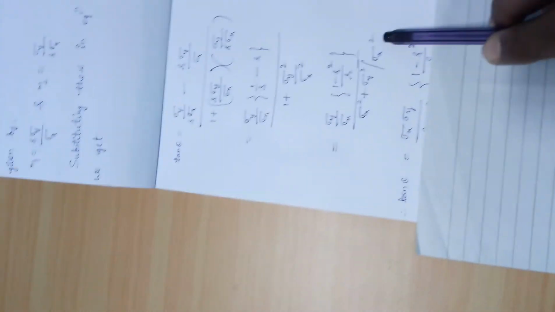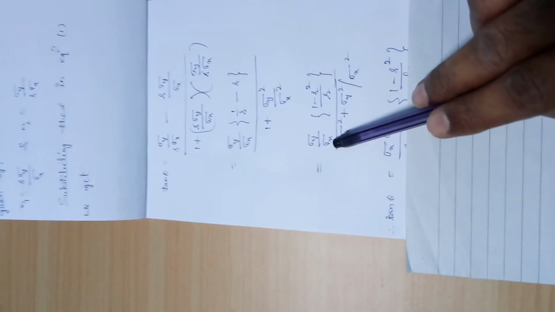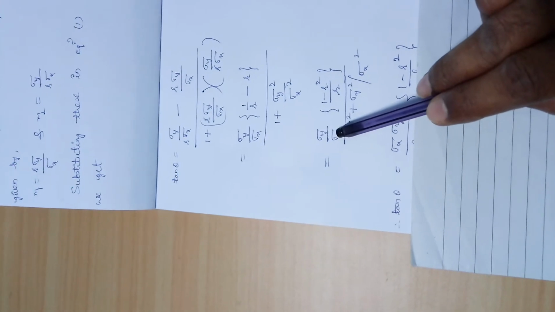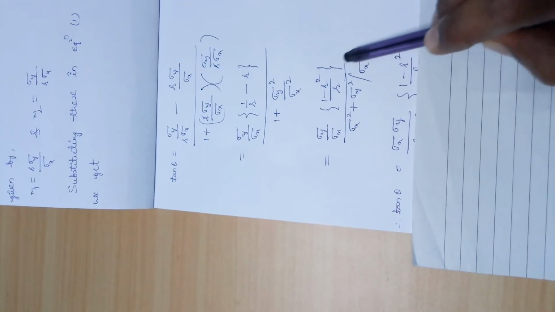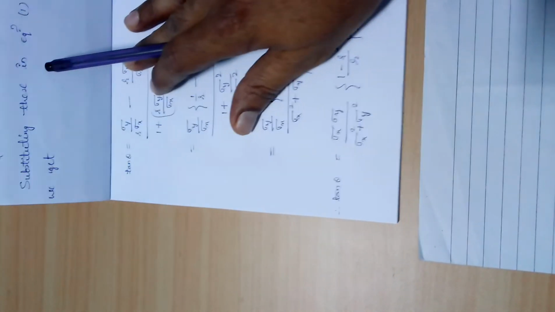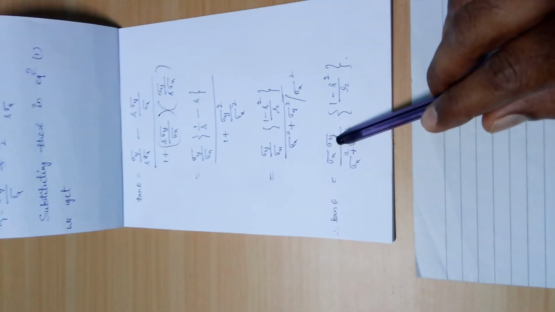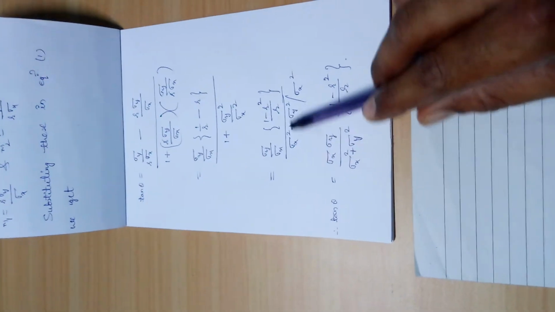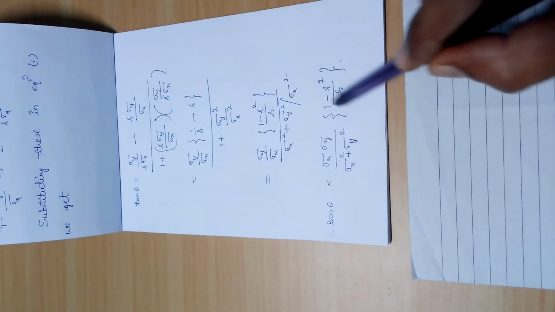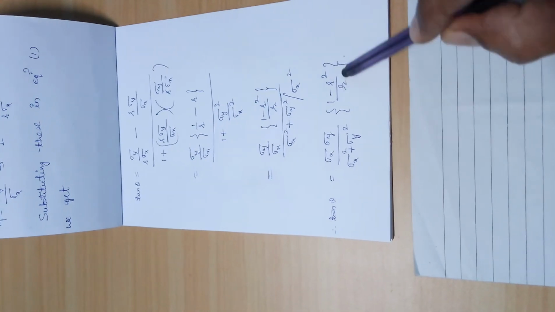At last on simplifying, sigma x square divided by sigma x square cancels, so the denominator of the denominator goes to the numerator, which gives sigma x into sigma y divided by sigma x square plus sigma y square, into this term 1 minus r square divided by r.